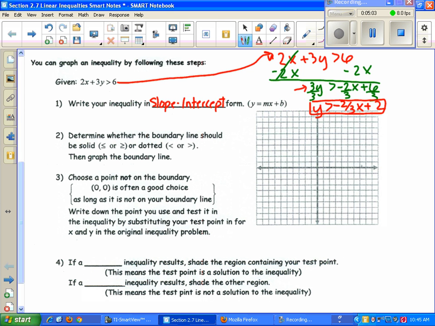So remember, how do you graph a line? We have to determine what our slope is, in this case negative 2/3, and our y-intercept is 2. On my graph, I'm going to start with my y-intercept, which is 2, and my slope is negative 2/3, so I'm going to go down 2, right 3, down 2, right 3.